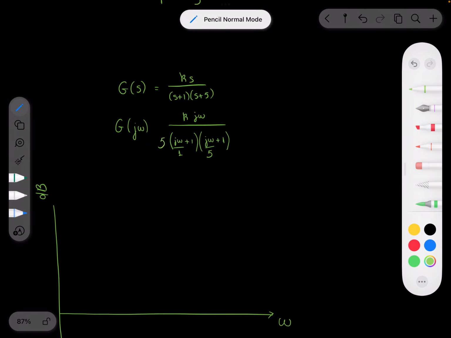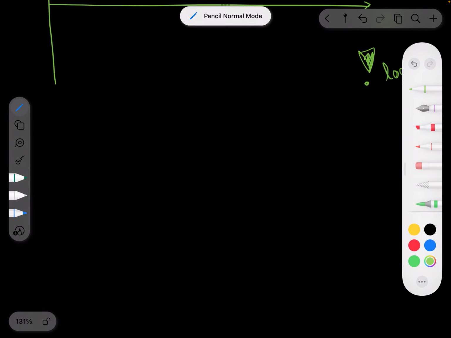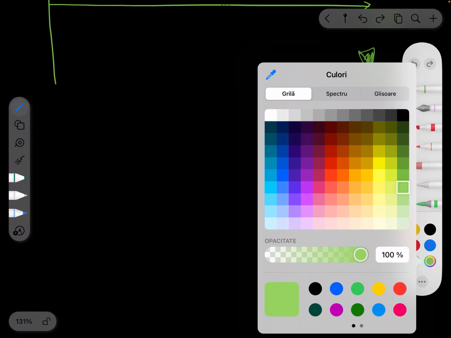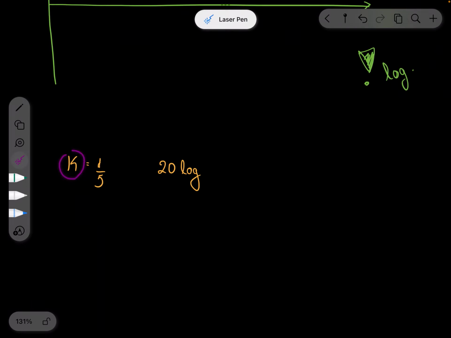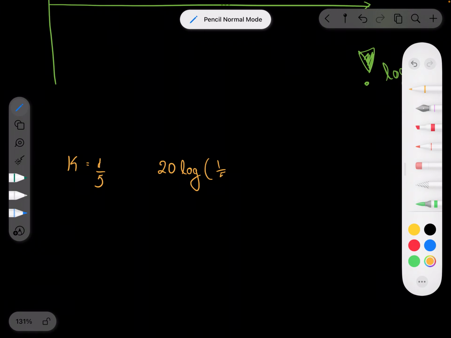So plotting this, K as 1/5, K is your constant gain. So this is the formula you use for plotting values of gain. 20 log, in this case, 20 log K. So 20 log 1/5.